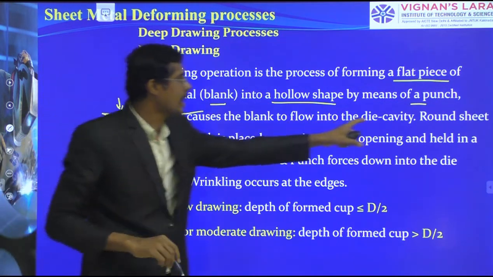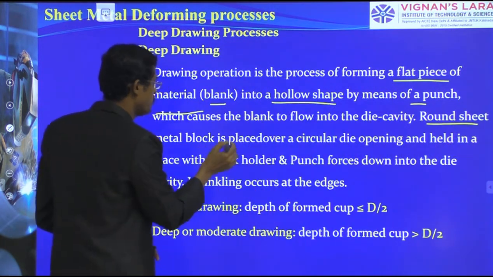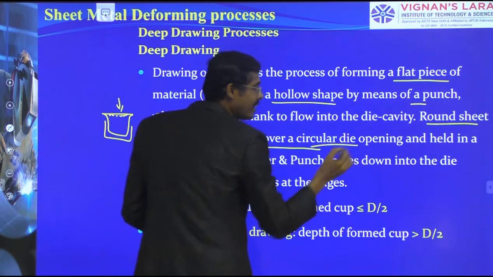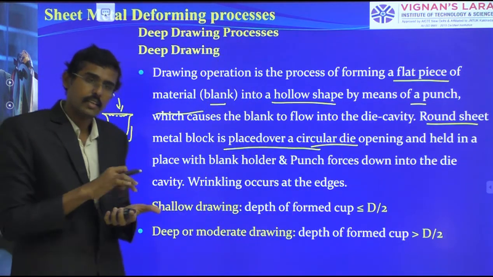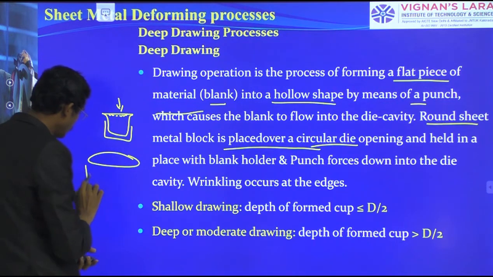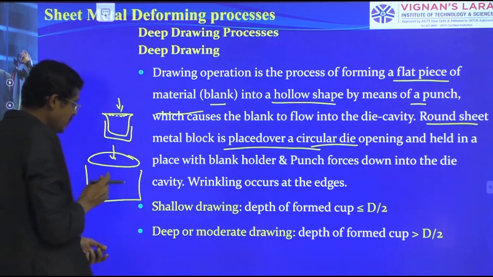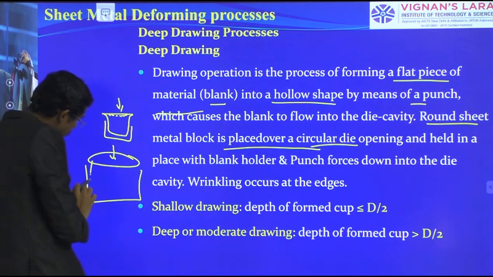So initially we take a round sheet, a metal blank, and it is placed over the circular die. The round sheet is kept over the die and we are going to punch here. When it is punched, this is going to form here.